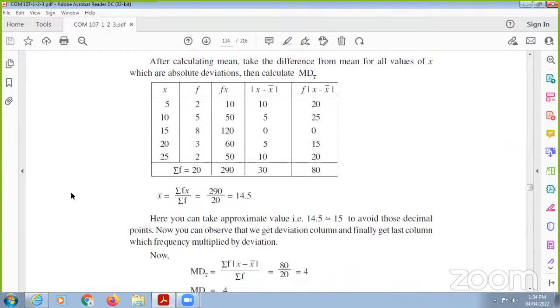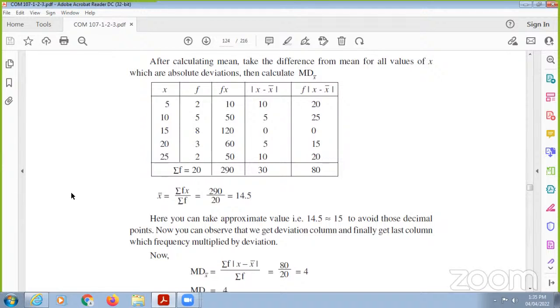The example is given here: x is 5, 10, 15, 20, 25. Frequency is given here: 2, 5, 8, 3, 2. The total of frequency you will find: 2 plus 5, 7, 7 plus 8, 15, 15 plus 3, 18, and 18 plus 2 is 20 here.